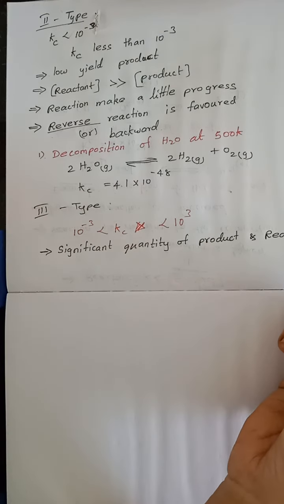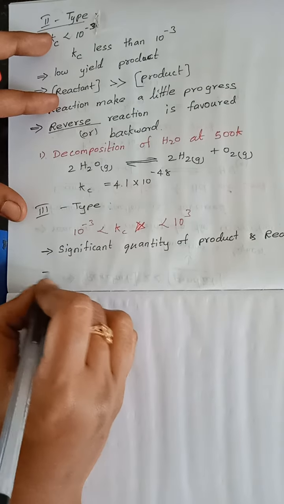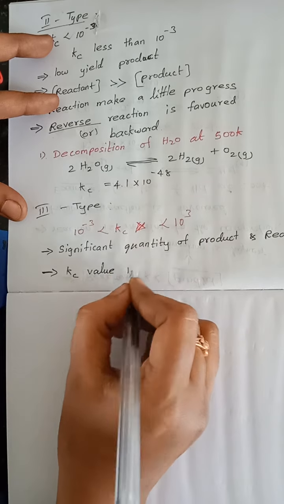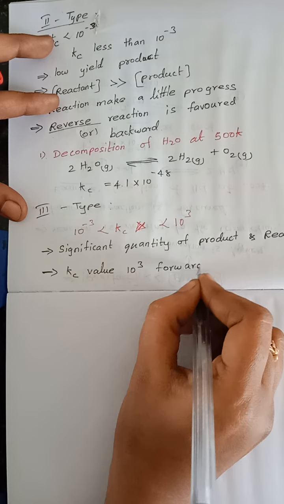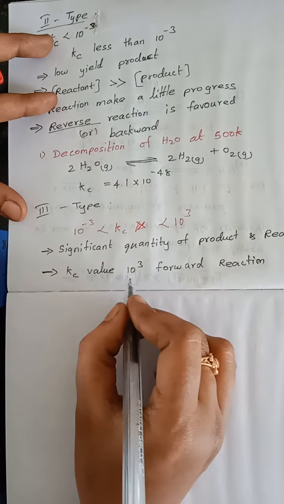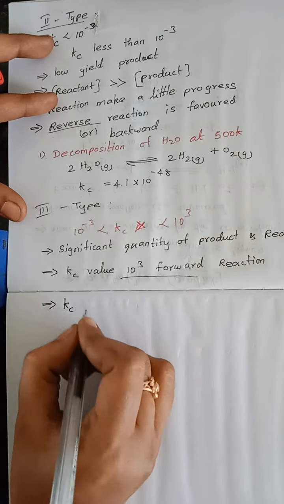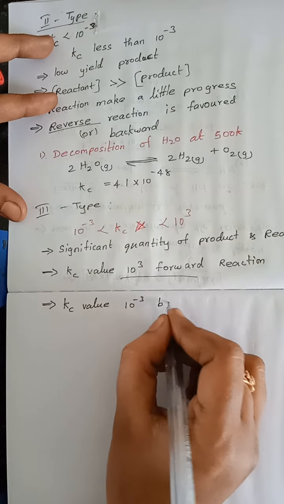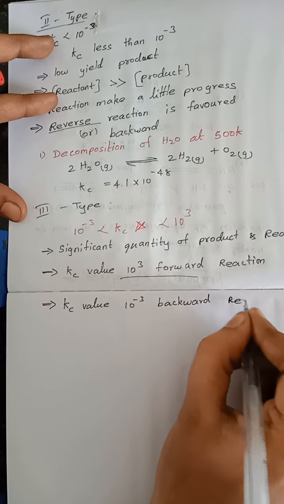Then the Kc value 10 to the power 3 means forward reaction. Okay children, so 10 to the power 3 is a forward reaction. Then the Kc value 10 to the power minus 3 is a backward reaction or reverse reaction.